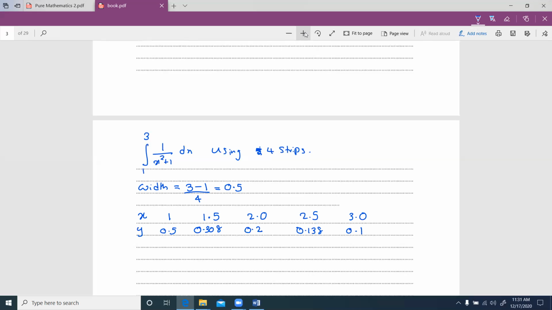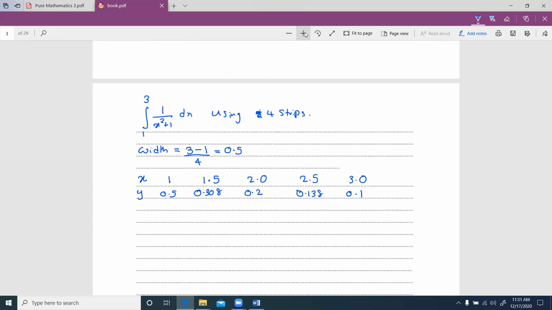Then this is the way of exactly writing the answer. Integration from 1 to 3 of 1 over x squared plus 1 is approximately equal to, half the width of a strip. What is the width of a strip?